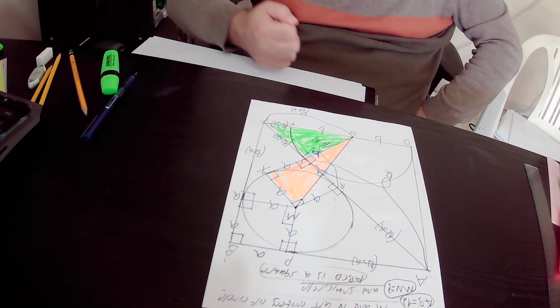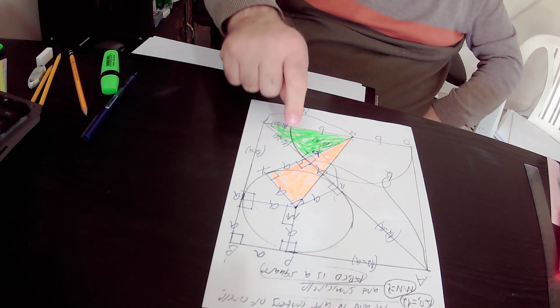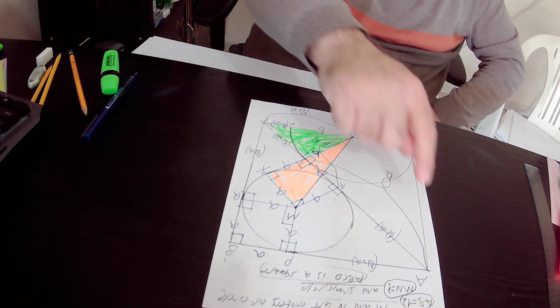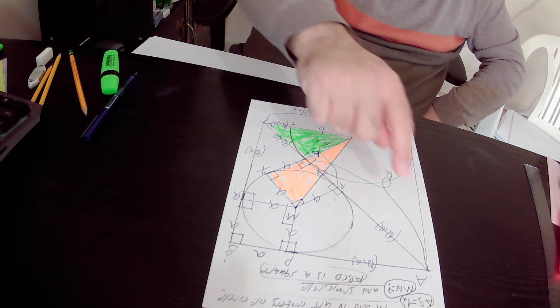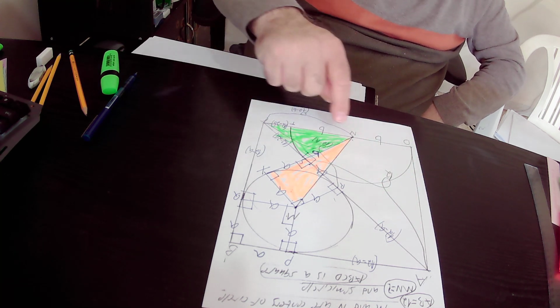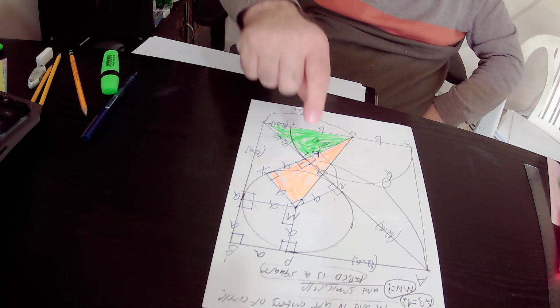Whenever you have a radius drawn to the point of tangency, the tangent will be perpendicular to that radius. In this case, the tangent AC will be perpendicular to the radius SN. So AC is perpendicular to SN, that is to say this angle equals 90 degrees, and this angle will also equal 90 degrees.